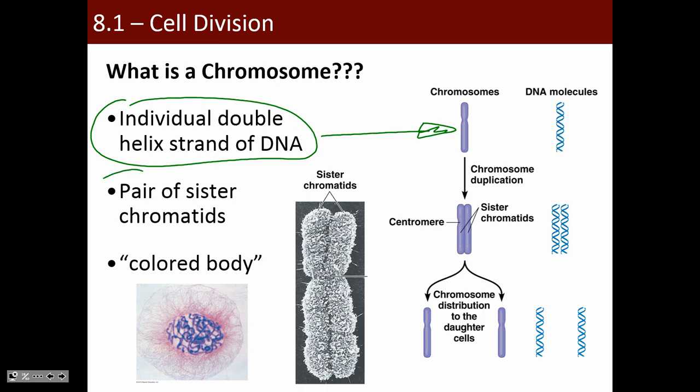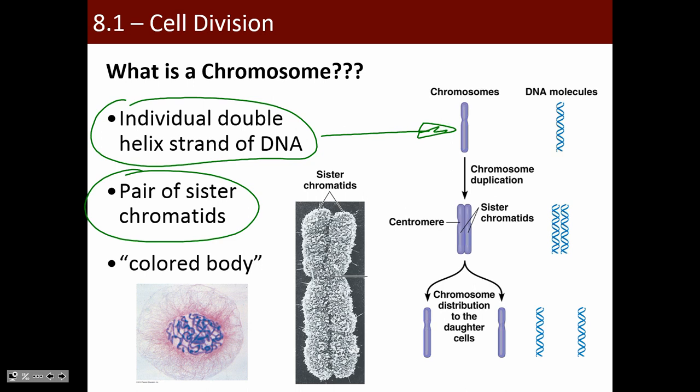A pair of sister chromatids is still a single chromosome because it represents one piece of the genetic information, right? Each cell has 46 chromosomes in a human body, 46 pieces of genetic information. Just because we have two copies of each of them doesn't mean that we have more information or more instructions. We just have more copies of the same information. So it's still only 46 chromosomes.